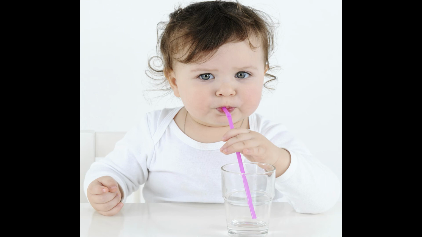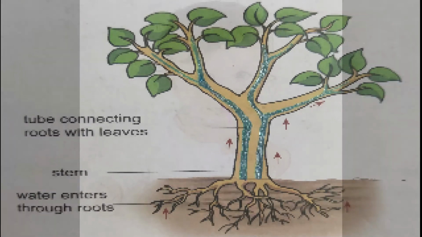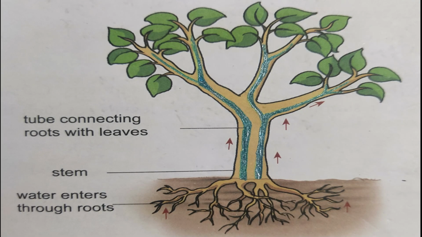This means the water takes the space of the air which was in the straw previously. Similarly, like the pressure that we put for sucking water through the straw, plants also exert pressure to suck the water. Understood, children?